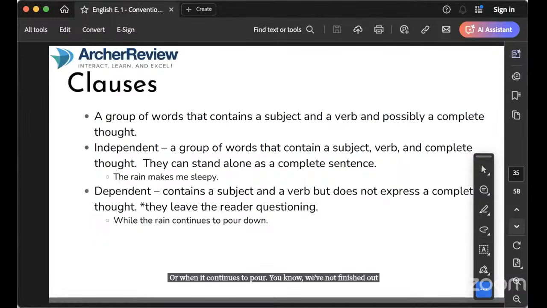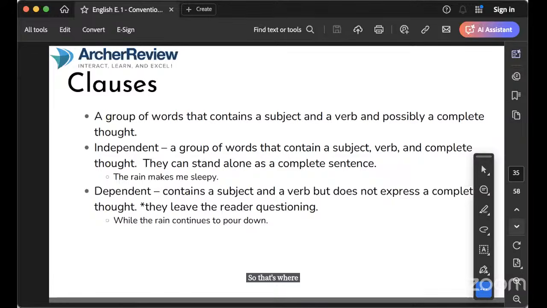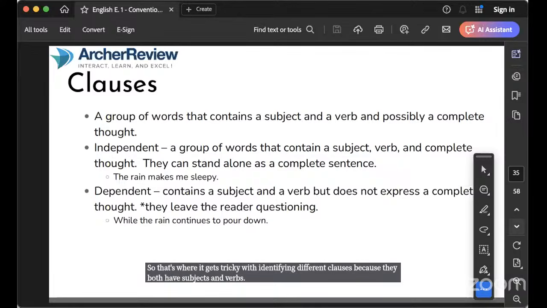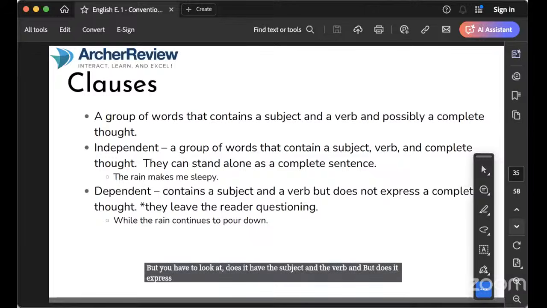So it has that subject, rain, it has that verb, continues, but it does not express a complete thought. That's where it gets tricky with identifying different clauses, because they both have subjects and verbs. And it's not a clause if it doesn't have a subject and a verb. But you have to look at whether it expresses a complete thought or not. If it can stand alone, it has the complete thought, it's an independent clause. If it doesn't, it's a dependent clause.